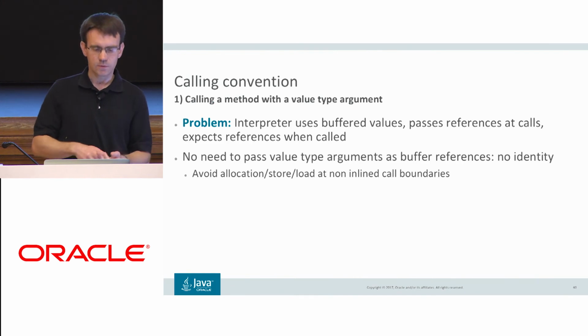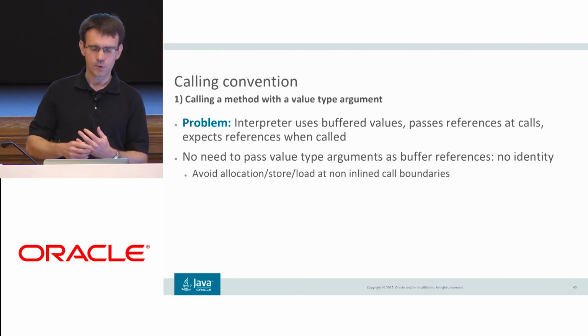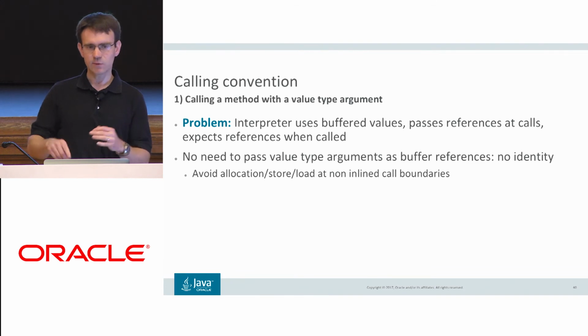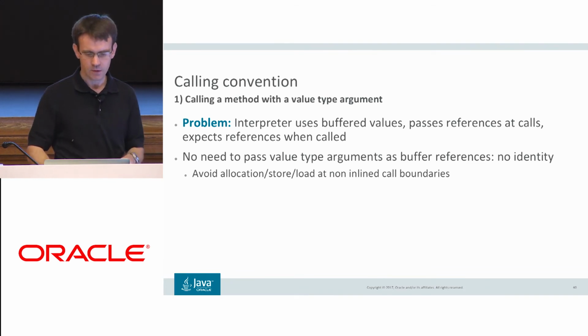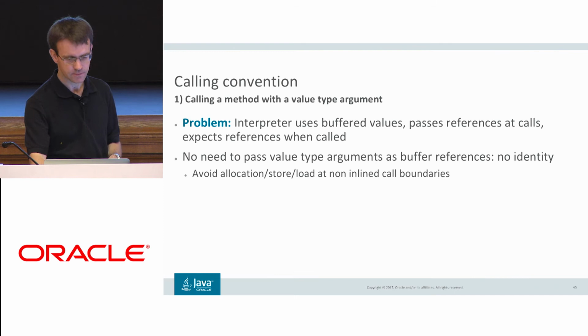The problem with calling a method and passing an argument is that the interpreter is expecting a single slot with a reference to an allocated value type. But the compiled code would prefer to have everything in registers, which is much more efficient for it. By passing everything in registers, they are avoiding allocations and store and load operations on call boundaries, which makes a huge difference.